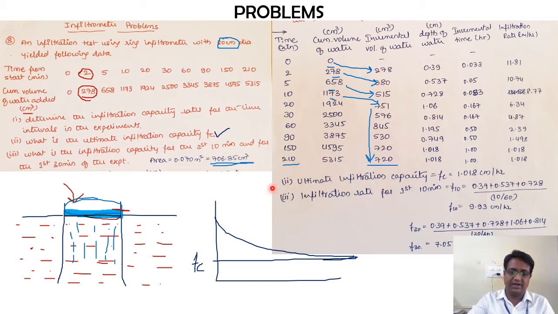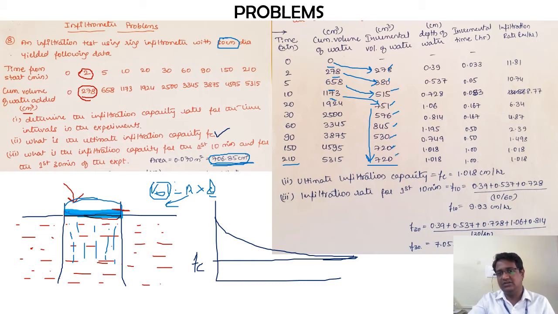Volume is equal to area into depth, so if you want depth, it is volume divided by area. Area is already calculated as 706.85 centimeter squared, and the respective volume values are already there in the third column.